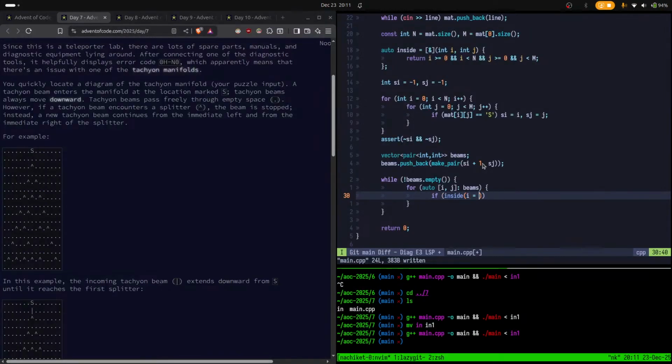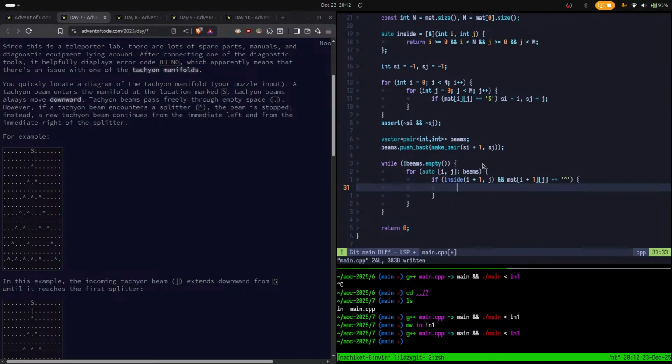I plus one is a splitter, so cut off. Or what I can do is simply initialize a beam here, and in the next iteration check whether we're currently at a splitter.